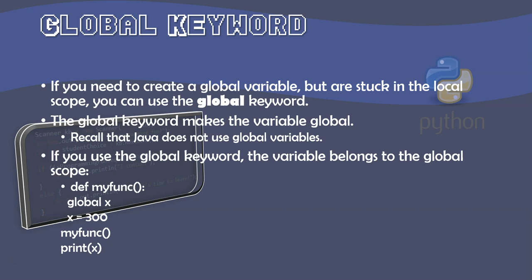If you use the global keyword, the variable belongs to the global scope. So here we are using that same function, but you notice now we have a global x, so it is saying x is a global variable, then defined at a value, so that when we print this, it would print 300. Even though x is defined locally, we have predefined it as being global, and so it knows that you can use that scope beyond this function.